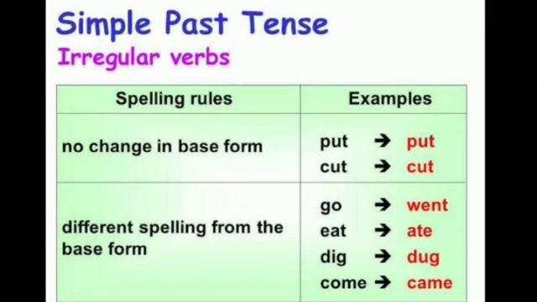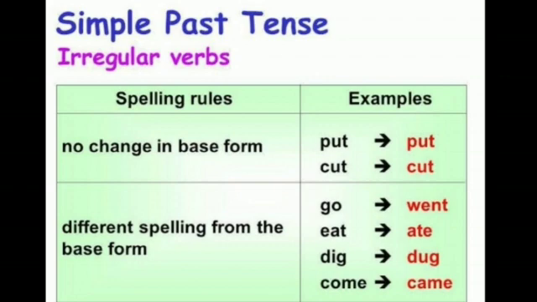In simple past tense, some verbs are irregular verbs, which means they change differently. For example, put, P-U-T, put, it remains the same. So there is no change from the base form. Then cut, C-U-T, cut, hurt, hurt. These spellings remain the same and they don't change from the base form.